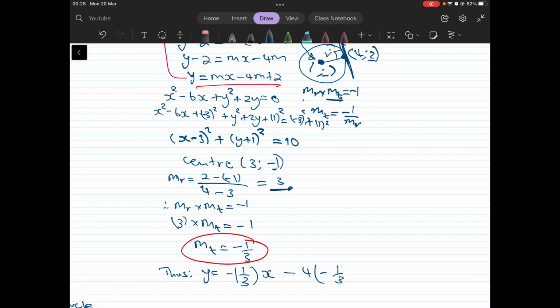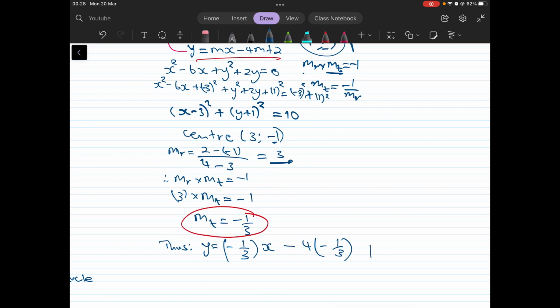Actually this bracket was supposed to be outside like that, and then plus 2. So we're going to have -1/3 x, and then +4/3 plus 2. What is that? That is actually positive 10/3. So that is your equation of the tangent.